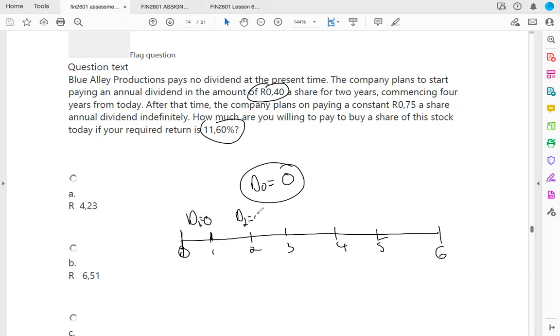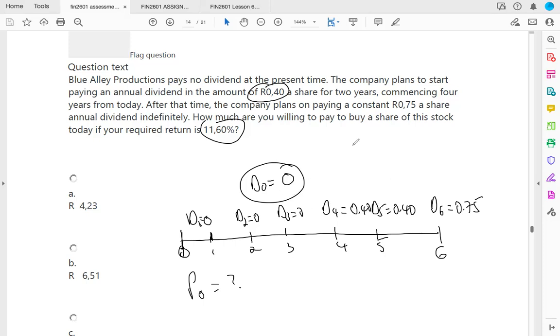So second year, nothing. Third year, nothing. And then 4 years from today, the company is going to pay a dividend of 40 cents for 2 years. And then after that, the company plans on paying a constant 75 cents dividend a share indefinitely. So how much will you be willing to pay for this share today? Okay, so that's the question.